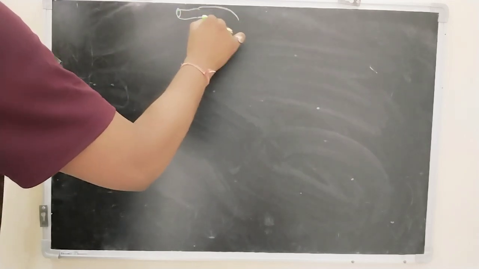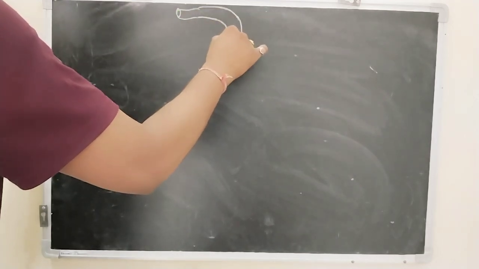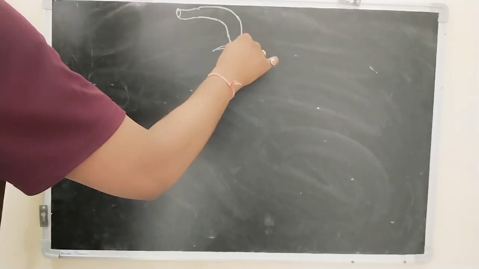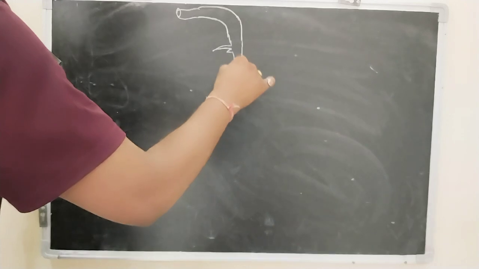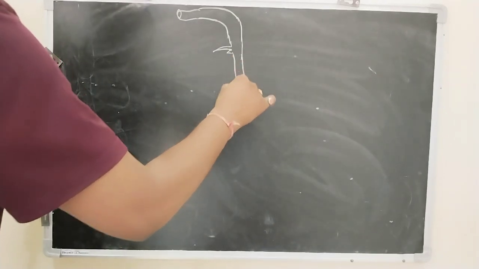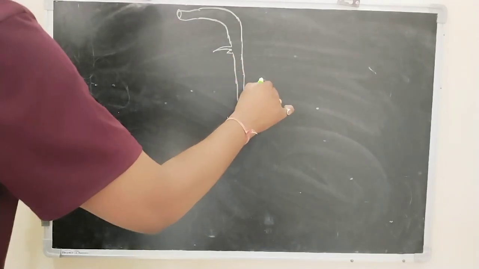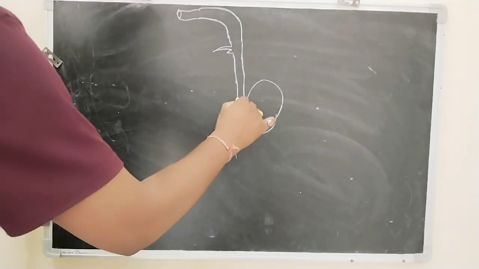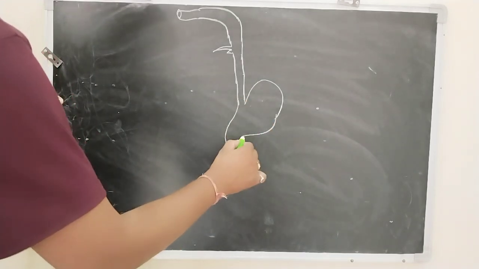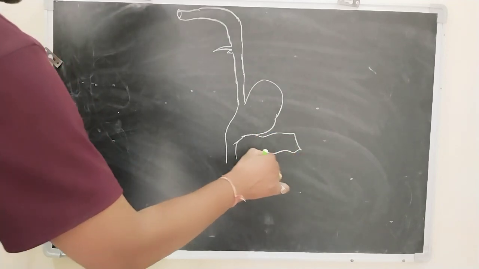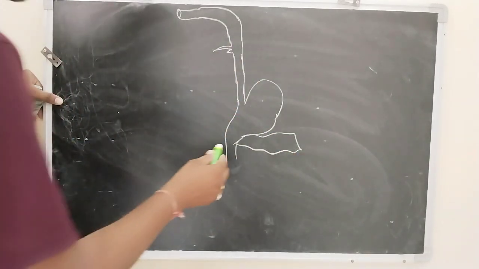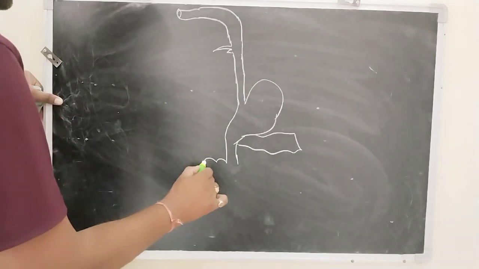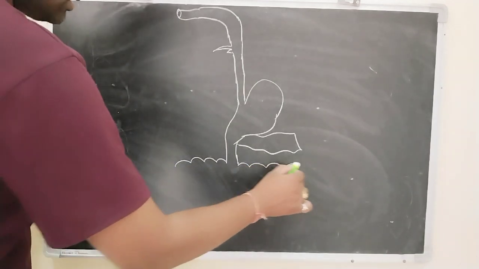First of all, the mouth leads into the buccal cavity, and the buccal cavity to the pharynx, and that leads to the esophagus. From the esophagus, the stomach, and below the stomach is a structure called the pancreas, and this is the large intestine.